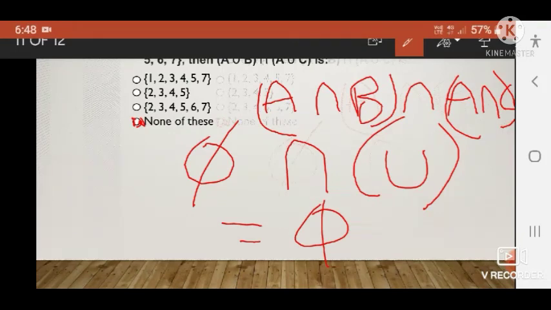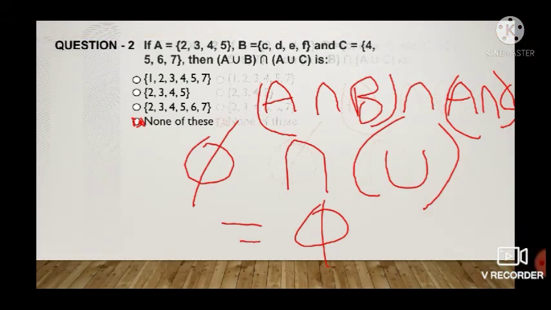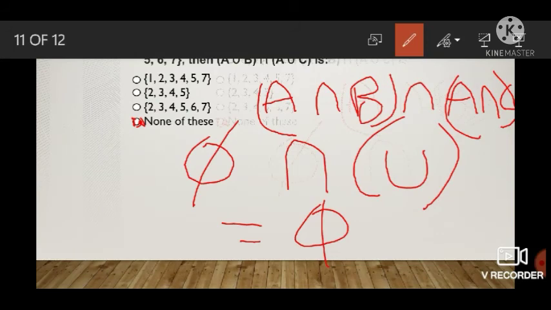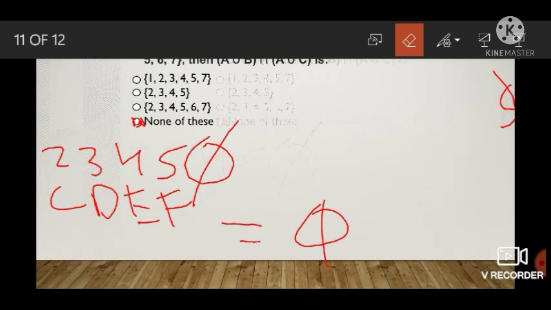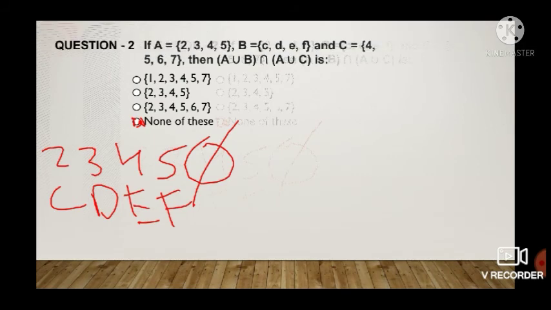But let us solve the wrong question that I have written also. When A union B intersection A union C is there, we will simply add them because A and B are disjoint. So A union B will be 2, 3, 4, 5, C, D, E, F. Now we have to do its intersection with A union C. What is A union C?